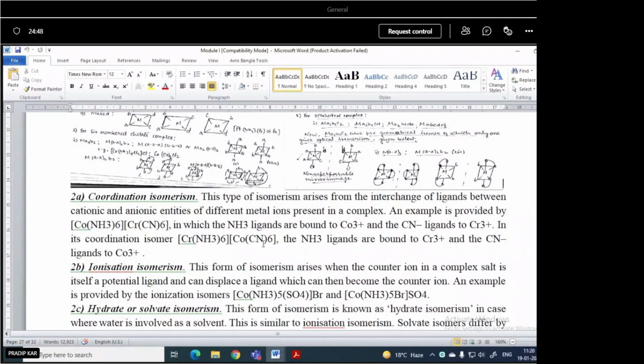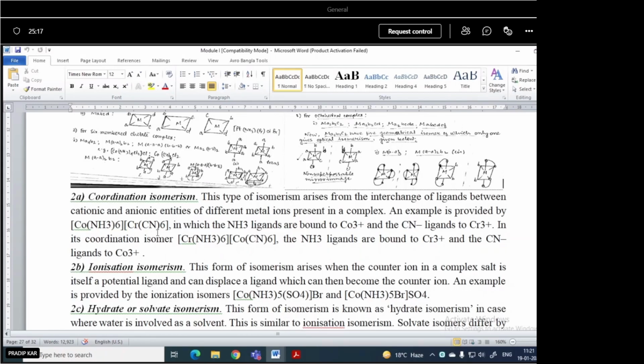Now another type of isomerism is possible, like coordination isomerism. Coordination isomerism means it is a coordination compound of two complexes, and just an exchange of ligands gives coordination isomerism, like [Co(NH3)6][Cr(CN)6]. This is the positive part and this is the negative part.